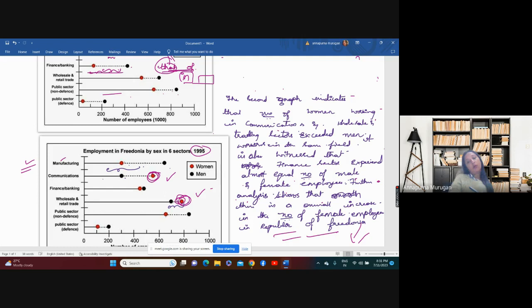Overall increase, right? So overall there is an increase in the number of female employees in Republic of Fredonia working in six different sectors.